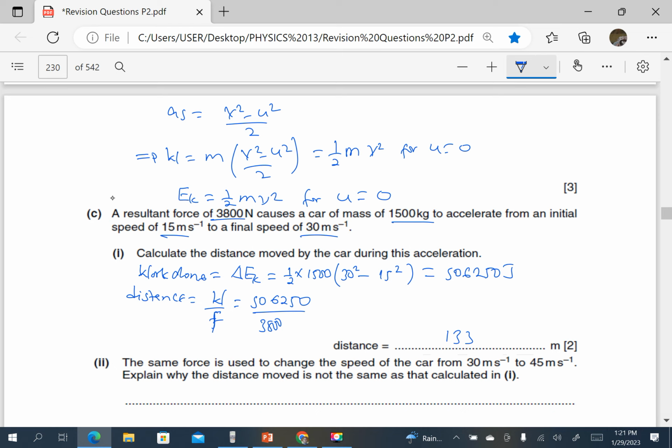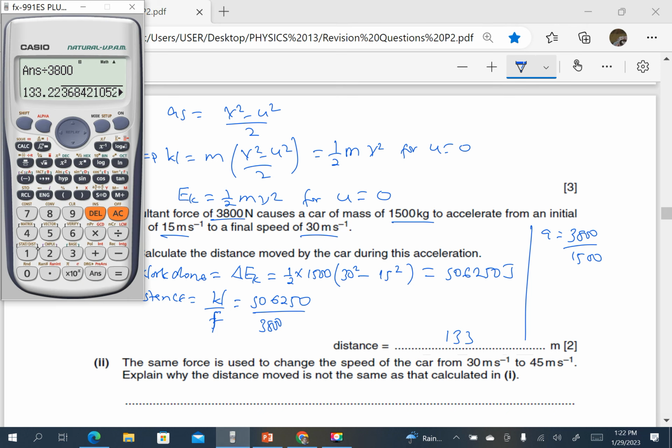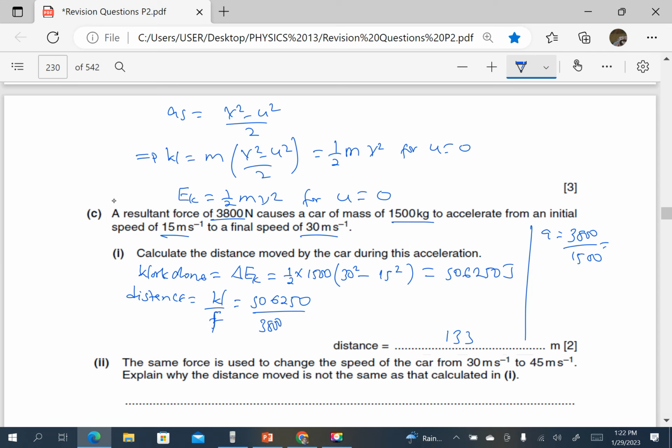Since we have the resultant force, you could also use it to find the acceleration and use the equation of motion. I could use the resultant force, 3,800, over the mass, which is 1,500. That is the acceleration: 3,800 divided by 1,500 is 2.53 meters per second squared.